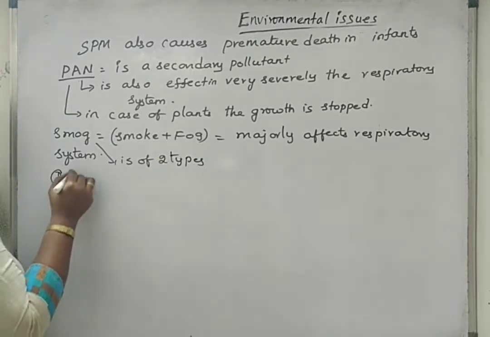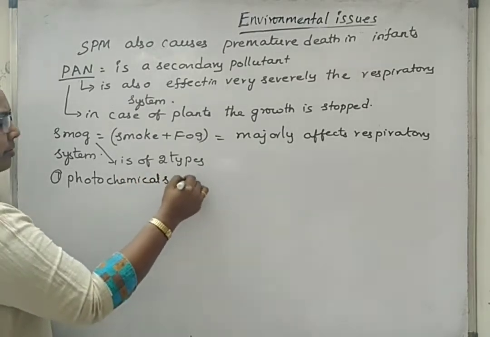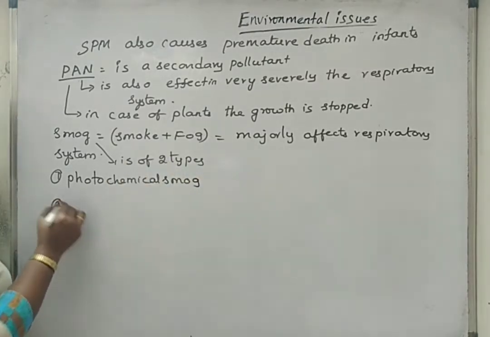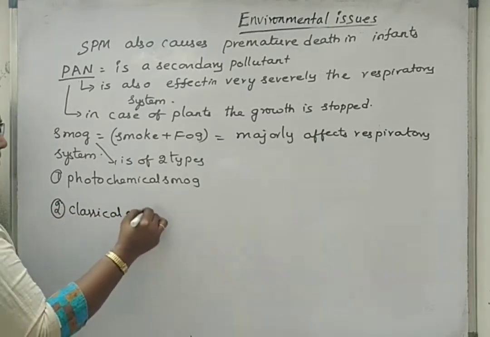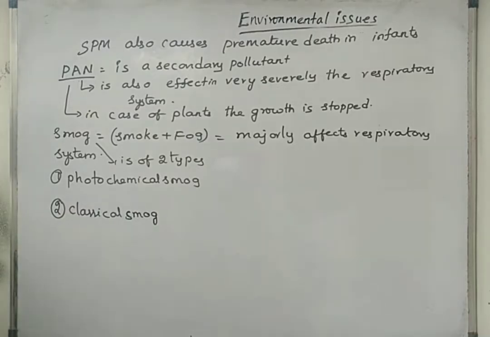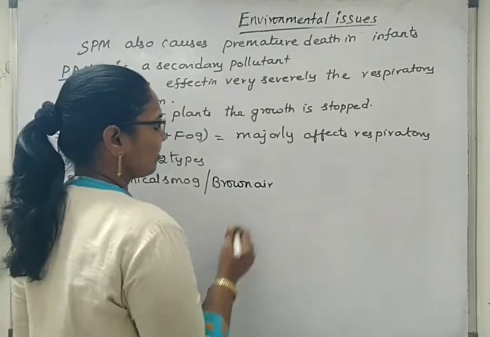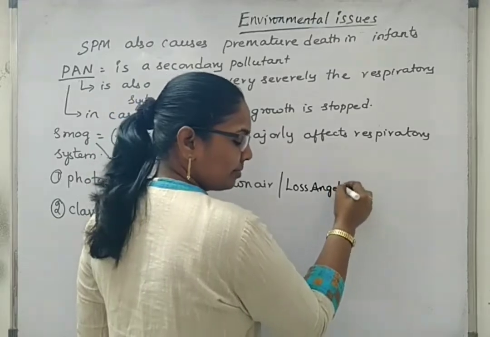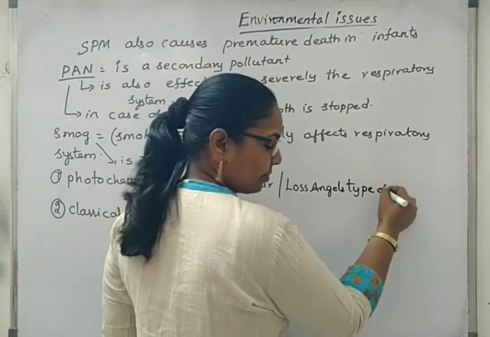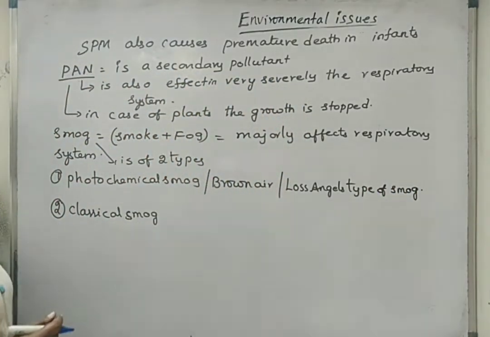One is photochemical smog. Second one, classical smog. Photochemical smog is also called brown air. It is also called Los Angeles type of smog. Here, smog is considered to be very common in Los Angeles area.